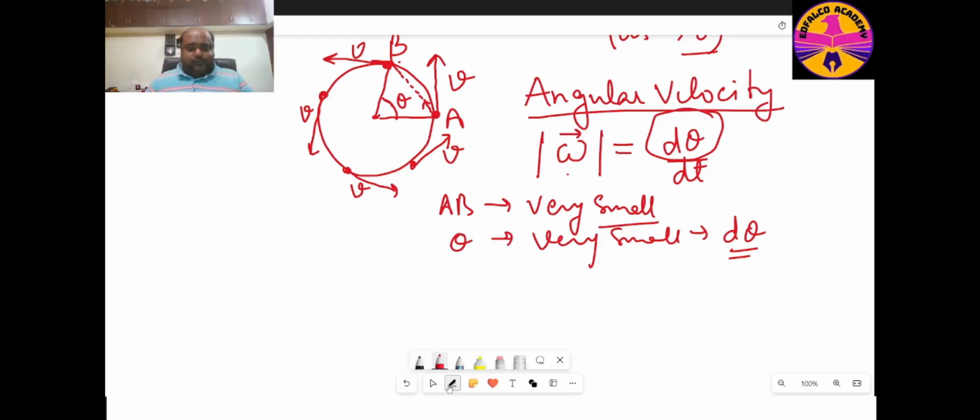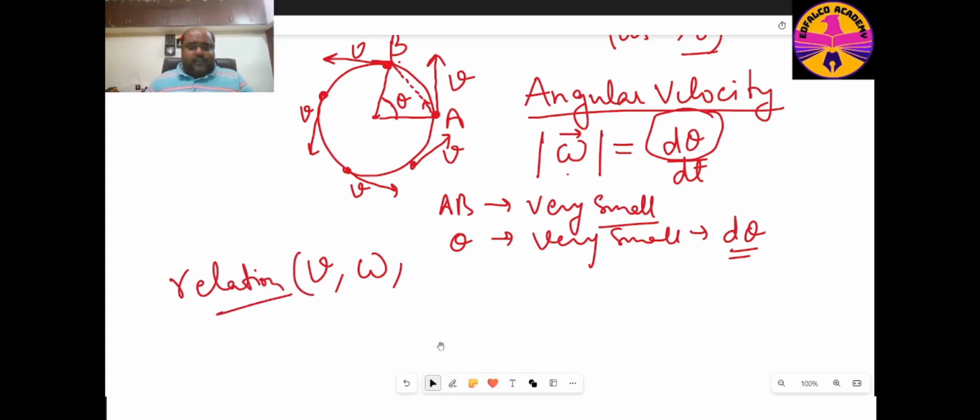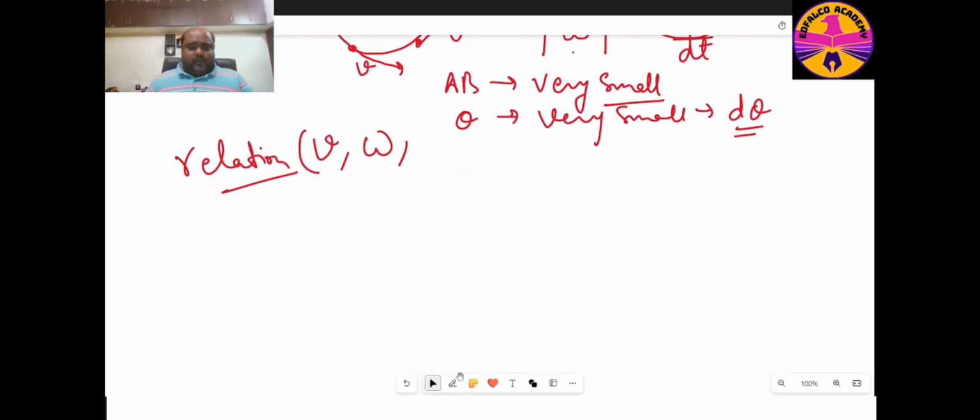So now let's move on to find the relation between V and omega. What is the relation that exists between V and omega? In order to derive this relation, we already know that V is nothing but ds by dt.